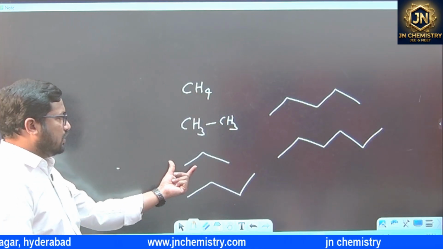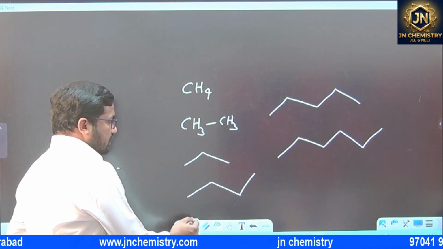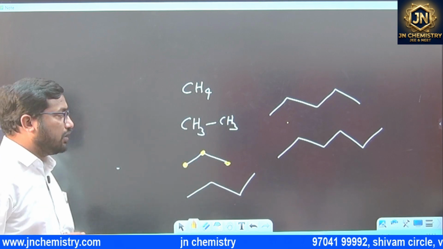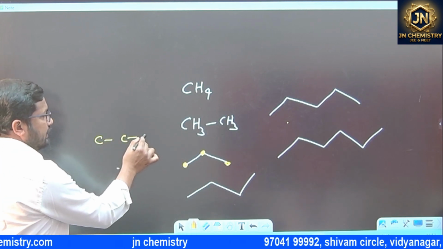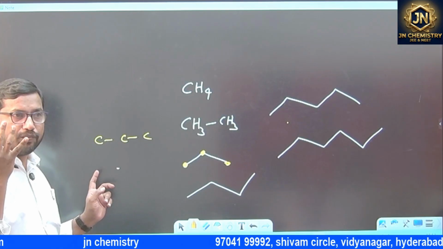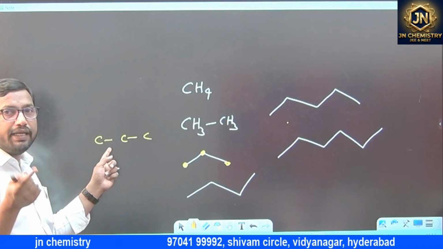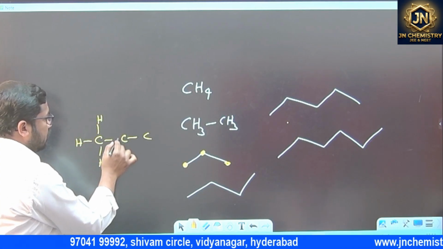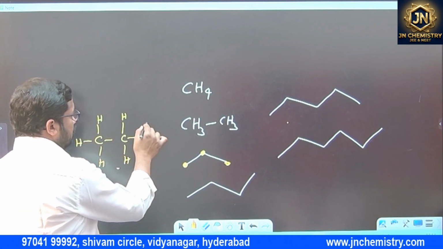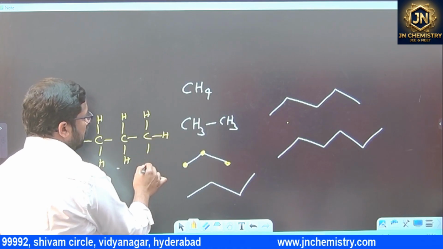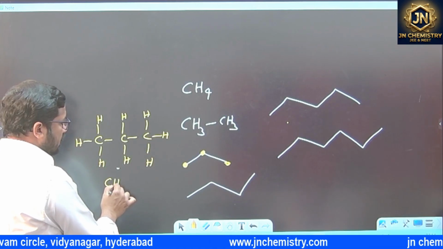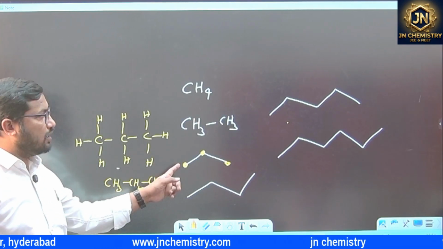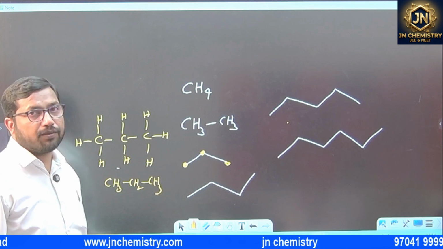Condensed forms: if you are writing 3 carbons, 1, 2, 3, so C, C, C. Carbon always has 4 bonds, so the remaining bonds we write with hydrogens. We can write it like this, or in condensed form, CH3CH2CH3. This is the bond line formula.